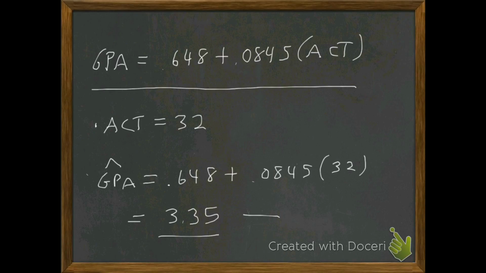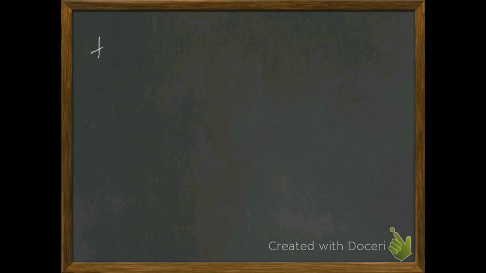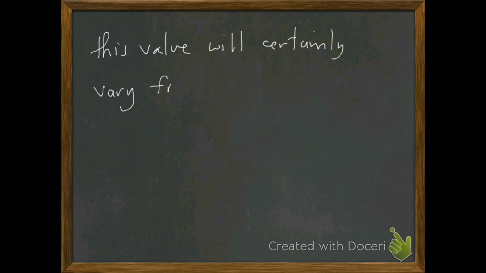So this serves as our point estimate of the predicted value, as this value will certainly vary.